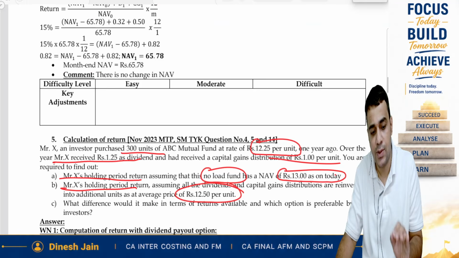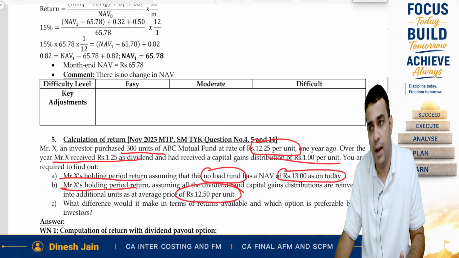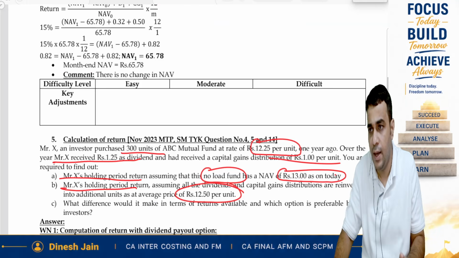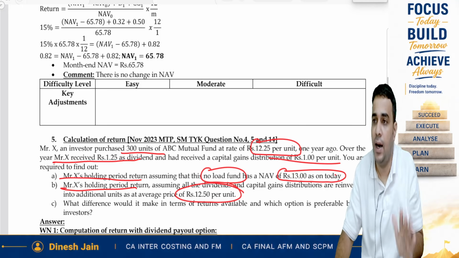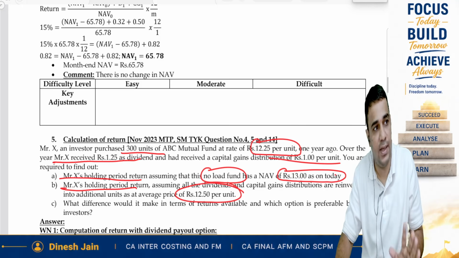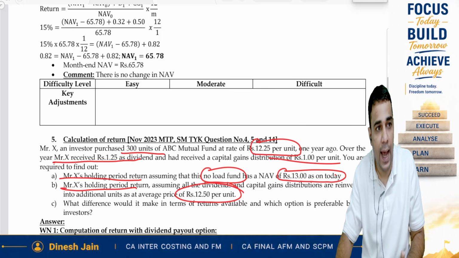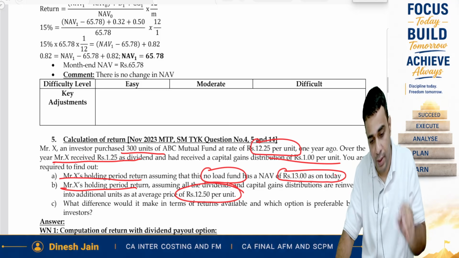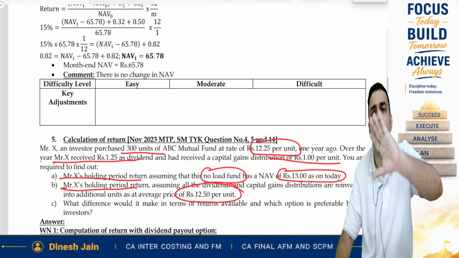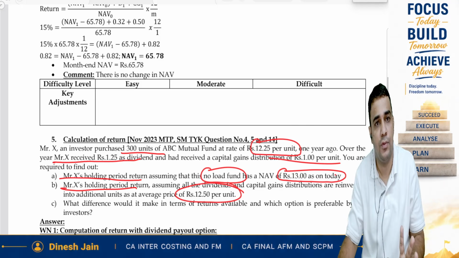Mr. X's holding period return, assuming this no load fund has an NAV of 13 as of today. In part 1, have they talked about anything on reinvestment? Keep participating.